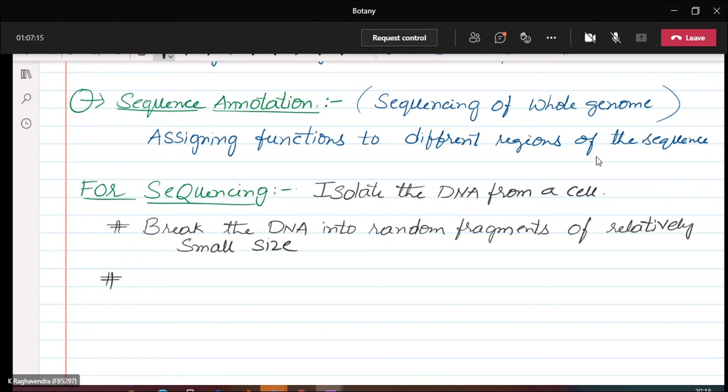I named the first fragment as fragment A. Fragment A is given to the group of scientists. Now they have to work. That fragment is first of all made into so many copies. Technically we call it making them cloned, also called amplification. So these smaller fragments are cloned in a suitable host by using specialized vectors.